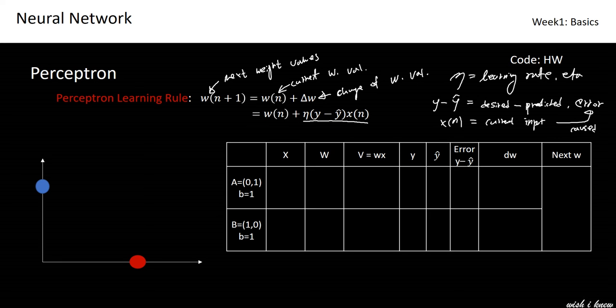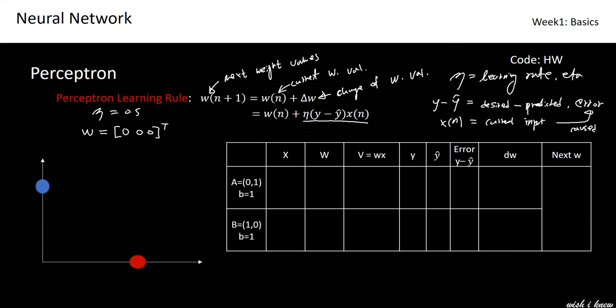Let me go over a very simple example. For this example, let me set eta as 0.5, and since we don't know the correct weight vector, let me initialize the weight vector as just 0, 0, 0. This is 3-dimensional because I want to put the bias at the very beginning of our input.